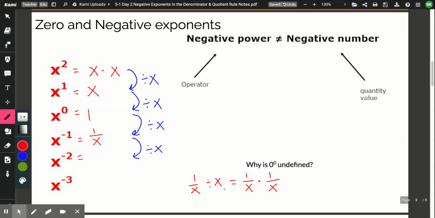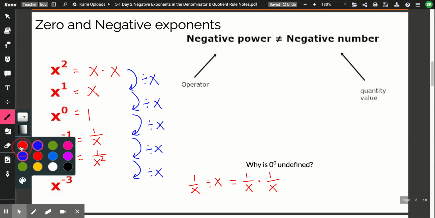So 1 over x divided by x is really the same as 1 over x times 1 over x, which is 1 over x squared. And then one last time, if we divide by x, we are going to end up getting 1 over x squared times another 1 over x, which means we get 1 over x cubed.